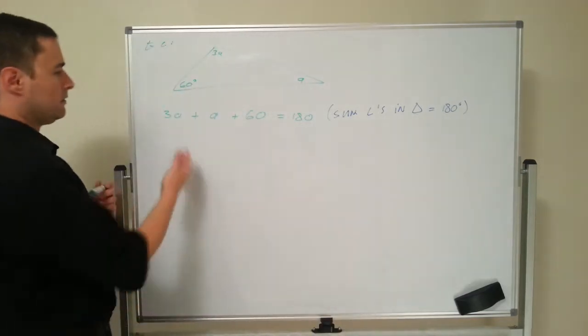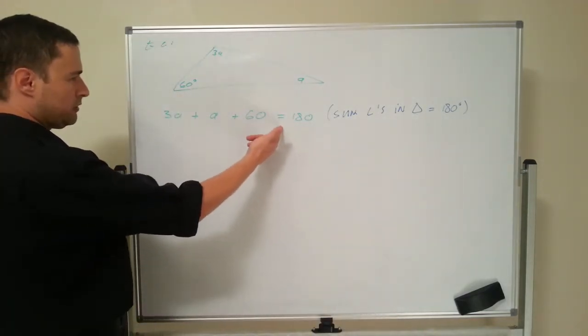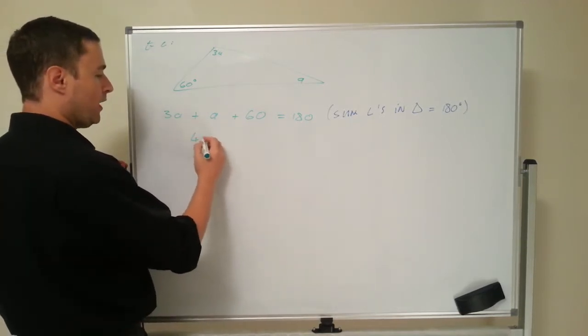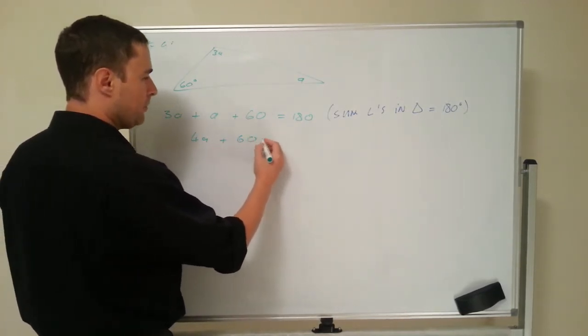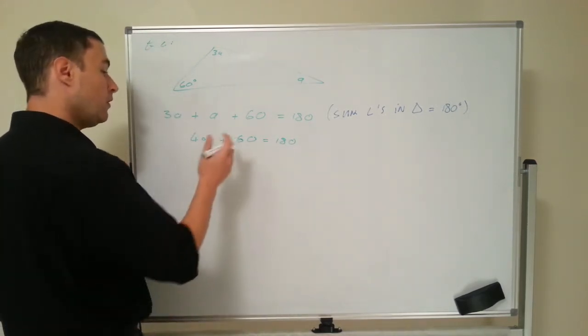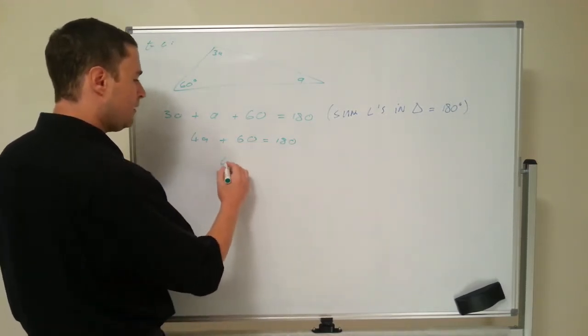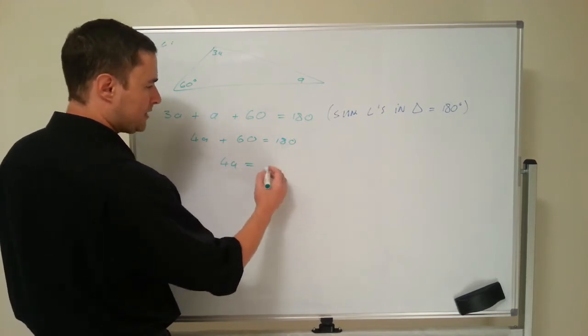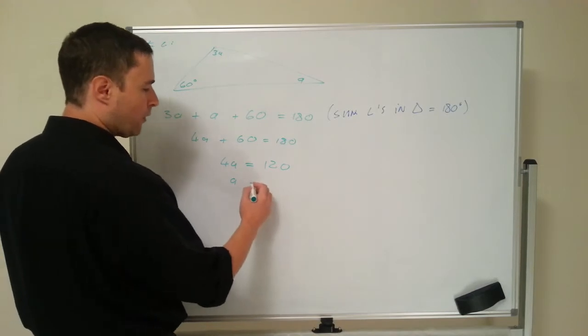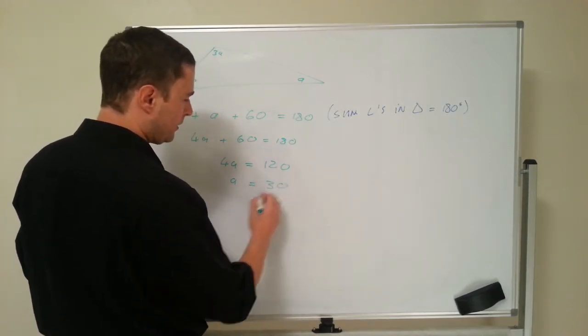And now, this is just an equation with one variable. Let's just solve it. So 3A plus A is 4A plus 60 equals 180. I'm going to use BIDMAS backwards and do the opposite to the other side. Opposite of plus 60 is minus 60. 4A stays on this side. 180 minus 60 is 120. Opposite of times by 4 is divided by 4. 120 divided by 4 is 30 degrees.